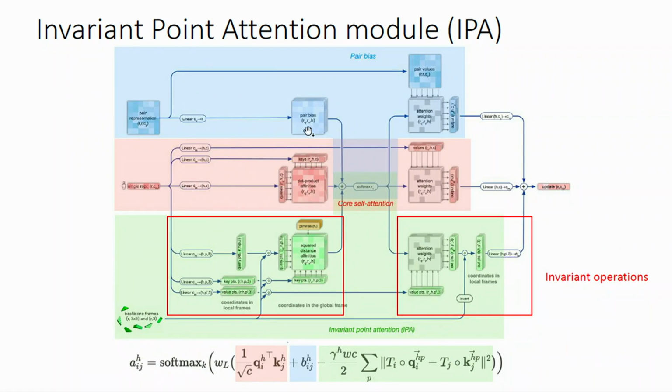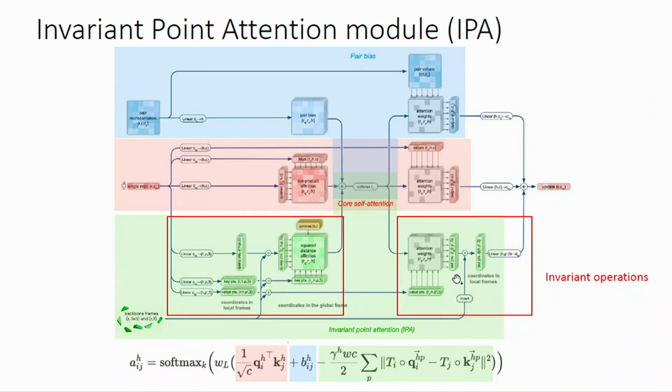These parts we don't need to worry about their invariance because they're invariant by nature. And so the only part that we actually need a special design for is the part that commingles these geometric informations with the neural network internal features and the weights, and the final update part, right?